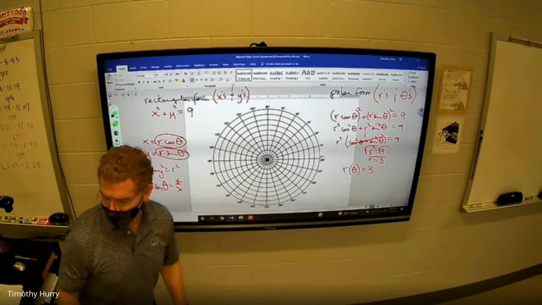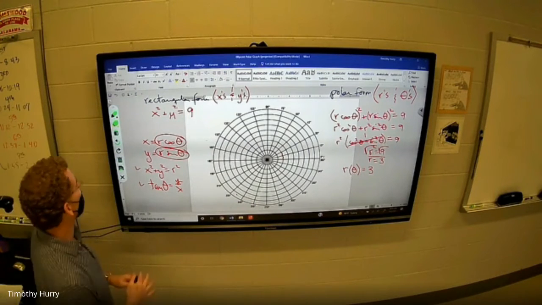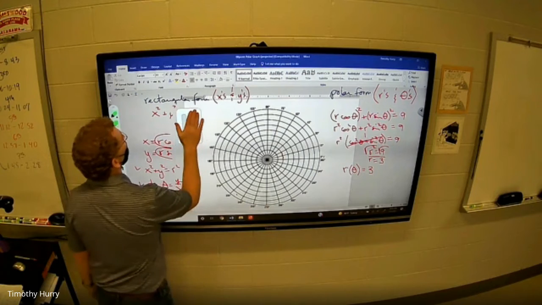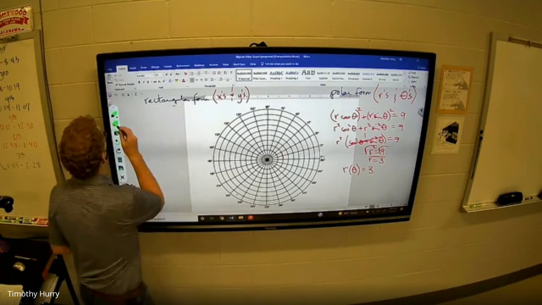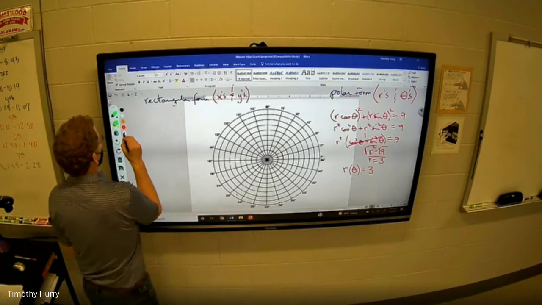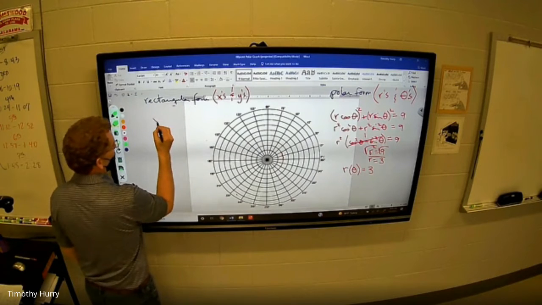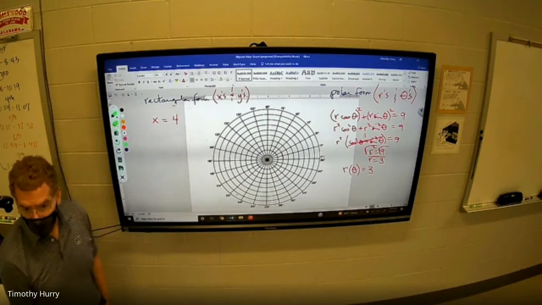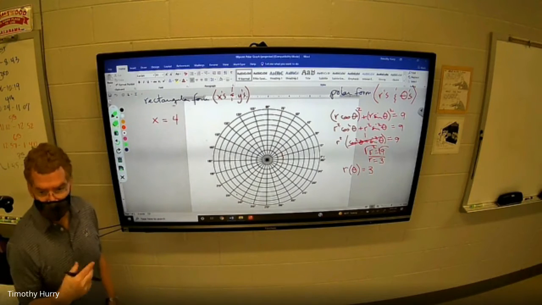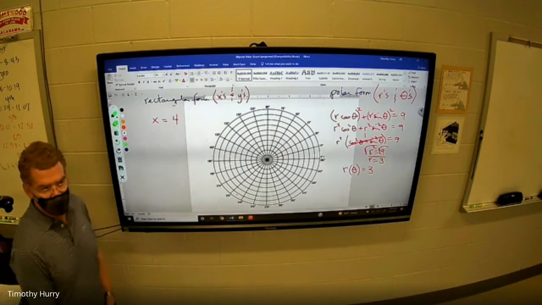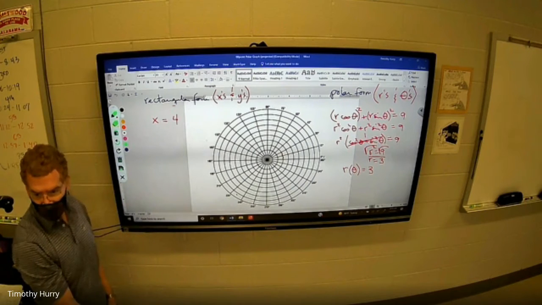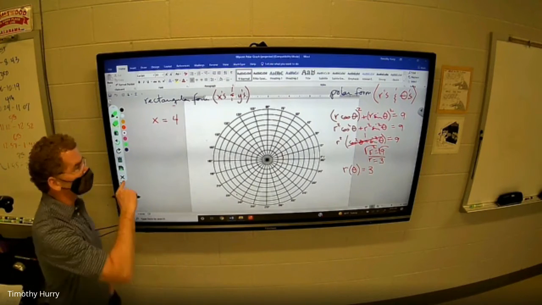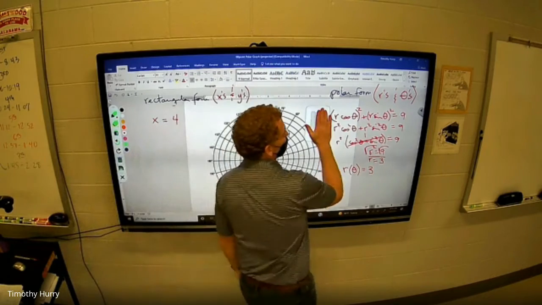We'll talk more about the calculator later. Now, what if I gave you something like this? What if I had a rectangular graph that looked like x equals 4? Well, we know that x equals 4 looks like a vertical line right here, right? So if I want to change it to polar, tell me what you have to do.